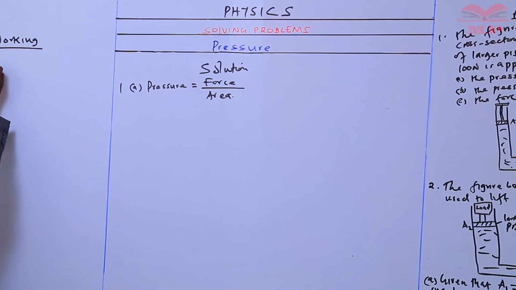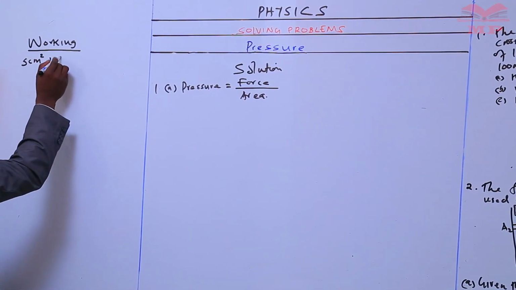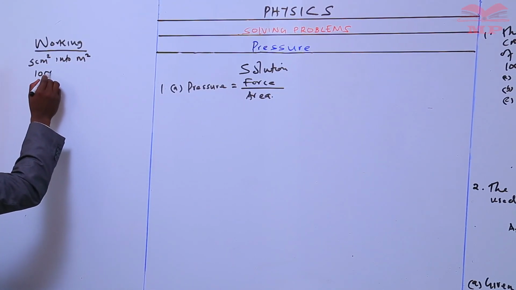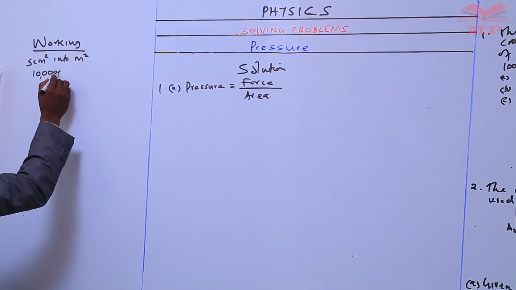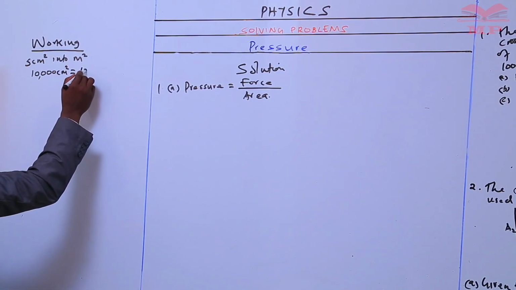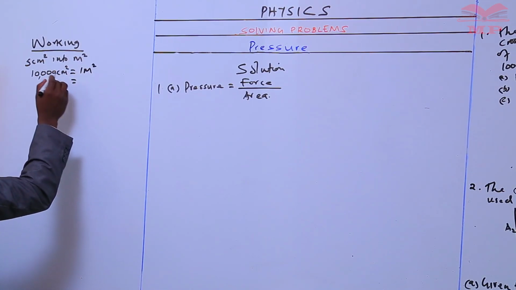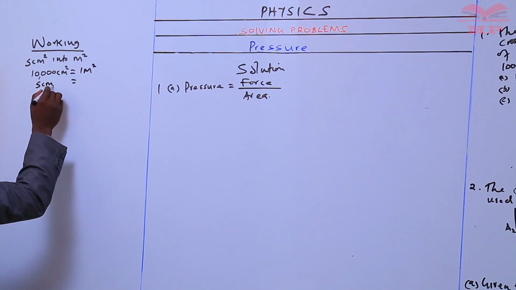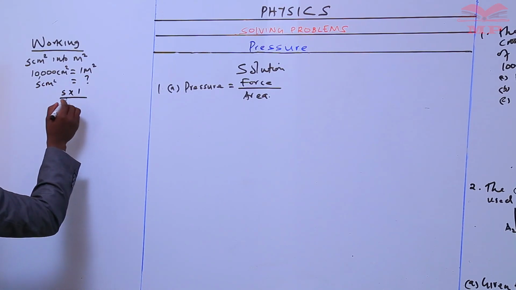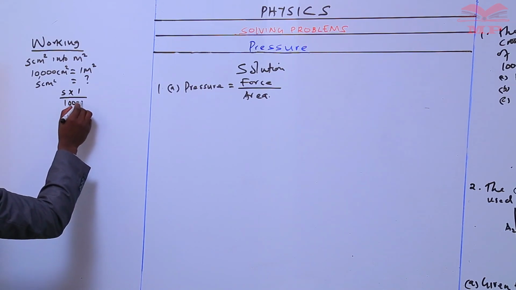We have 5 centimeters squared into meters squared. 10,000 centimeters squared is equivalent to 1 meter squared. So what about 5 centimeters squared? We have 5 times 1, then over 10,000.